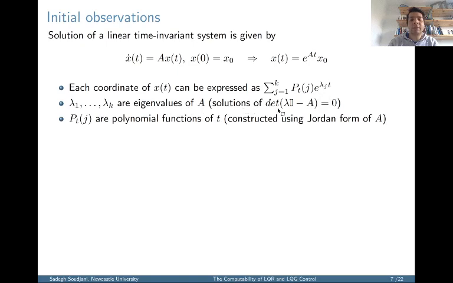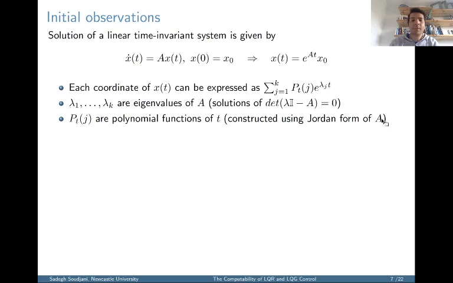So we write down the characteristic equation of the A matrix, which is the determinant of lambda I minus A equal to 0. The zeros of this equation are eigenvalues of A, and these eigenvalues appear as a coefficient in these exponential functions. And we also get some polynomial matrices here, which are polynomial functions of time constructed using the Jordan form of A.